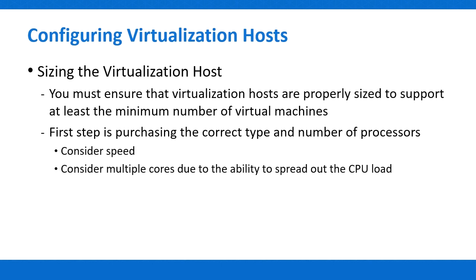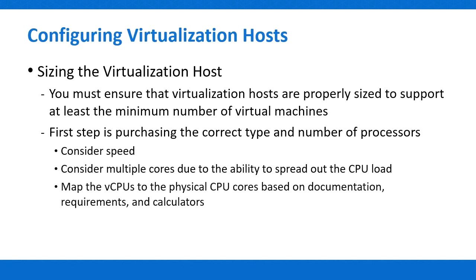So if, for example, you had to choose between a system that had a 12-core CPU running at 2.2 gigahertz or a system with a 6-core CPU running at 2.9 gigahertz, the 12-core CPU is going to be better because you can spread the virtual machine load across the CPU cores, which is just going to translate into faster, more consistent virtual machine performance.